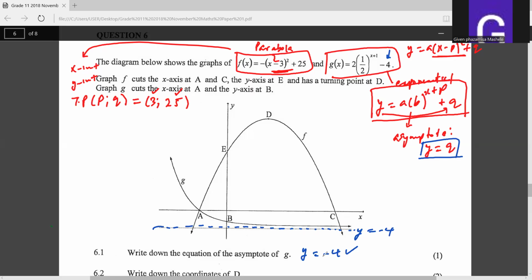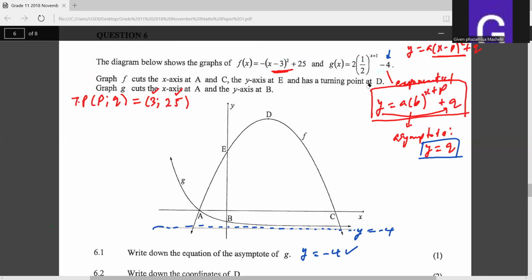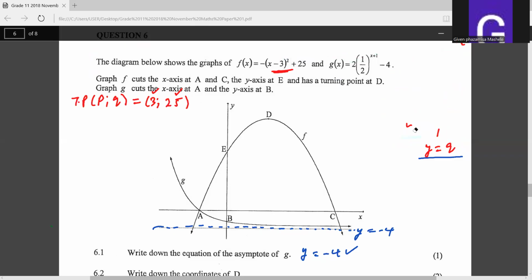Now, going through the equation, they also told us that the graph of f cuts the x-axis at A and C, which means A and C are the x-intercepts of f, so you need to let y be 0.